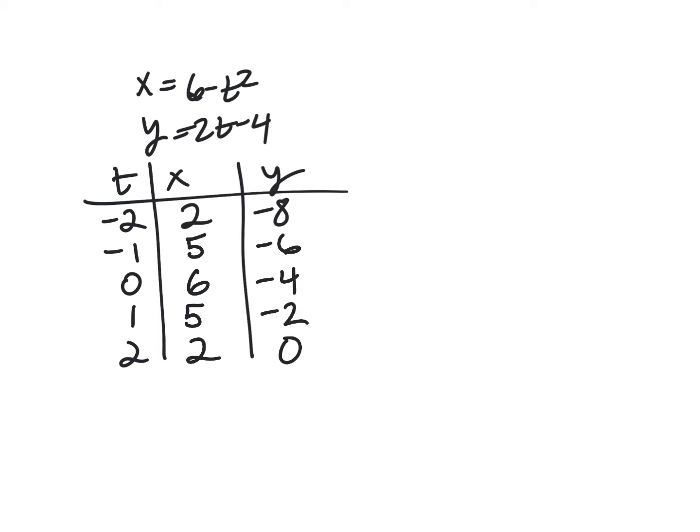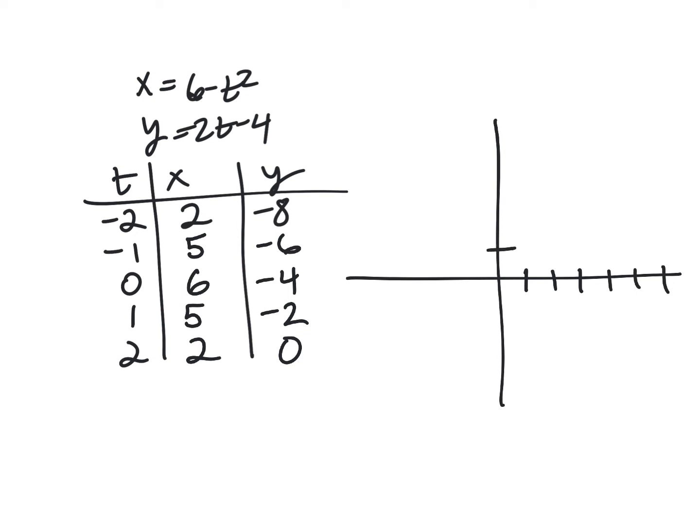Okay, so what actually happens? What does our graph look like? Again, we're not graphing t, right? So you want to look at these x values and think, okay, 2, 3, 4, 5, 6, 7, 8.